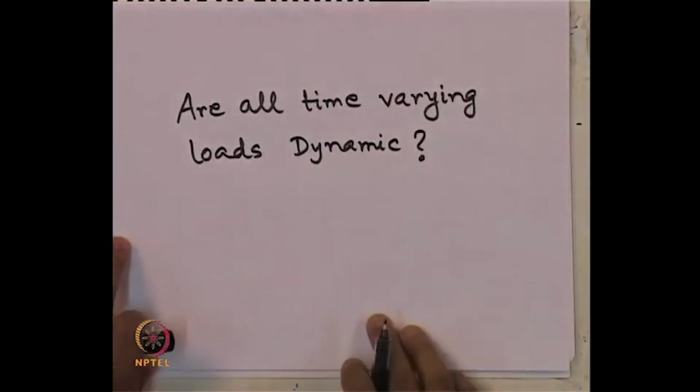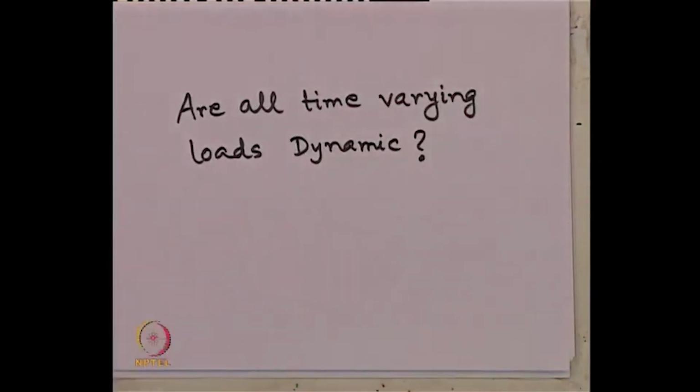If I ask this question to anyone, what should be the standard answer? Just now we have seen that any load which is varying with respect to time is dynamic, and we have given examples for that. But does it mean that it is always true? That is, if we consider any type of load which is varying with respect to time, can we say it is a dynamic load? The answer will be no.